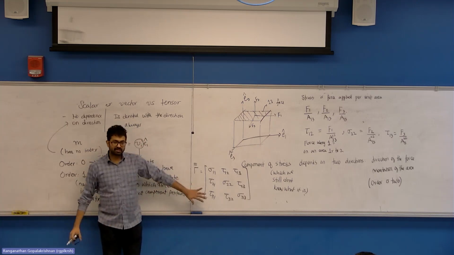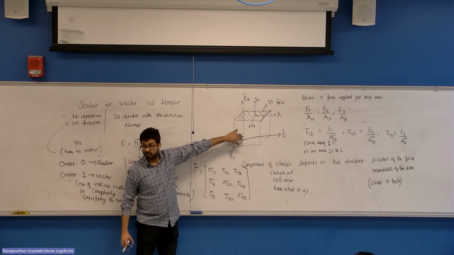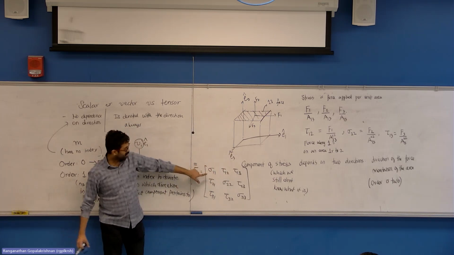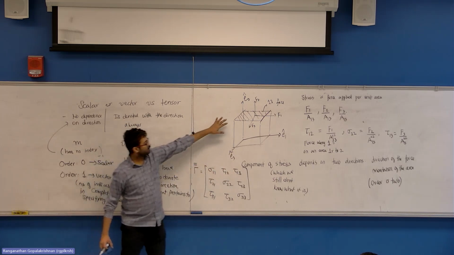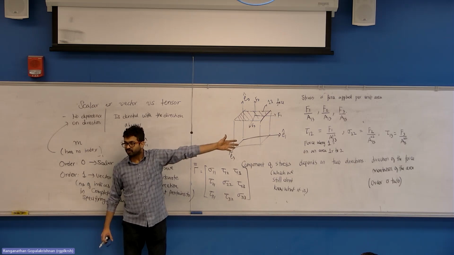These 9 numbers you can think are the various possibilities for this cube. Do you agree with me? Right? These are the 9 possible ways you can obtain the stress for each phase, and 3 possible ways of applying that force.